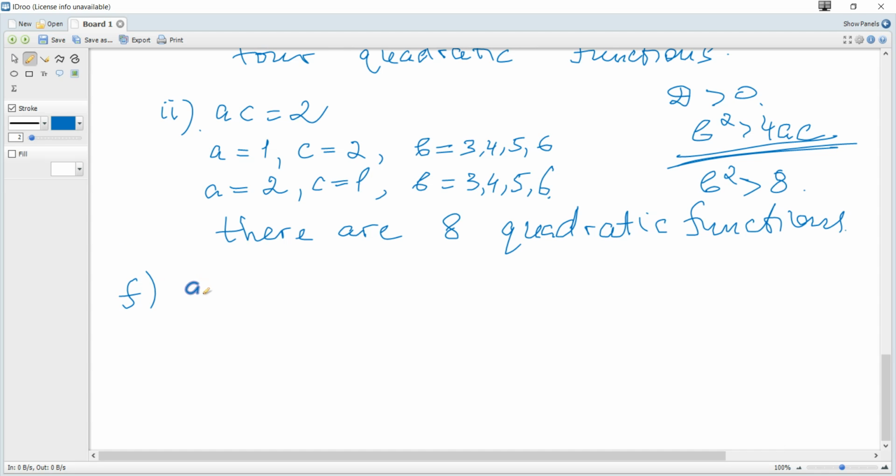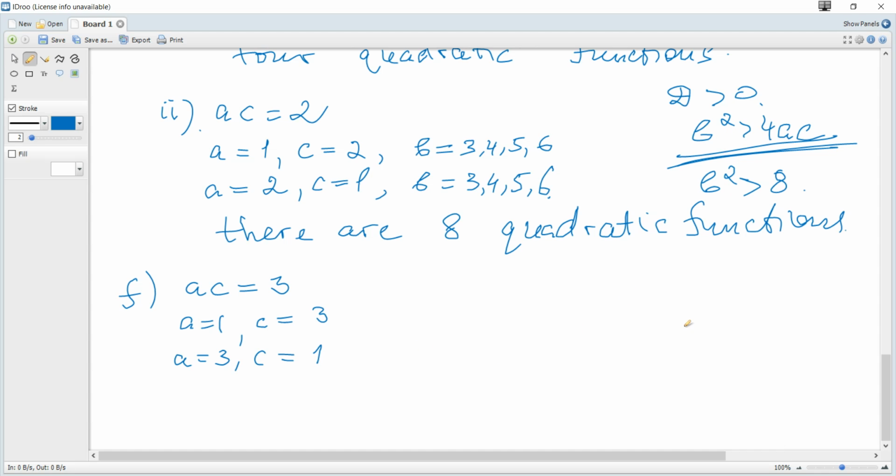So let's continue. When AC is 3, possible combinations of A and C to get 3: A to be 1, C to be 3, and also A to be 3, C to be 1.